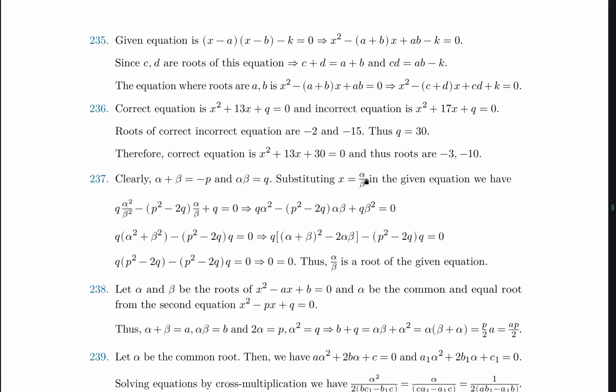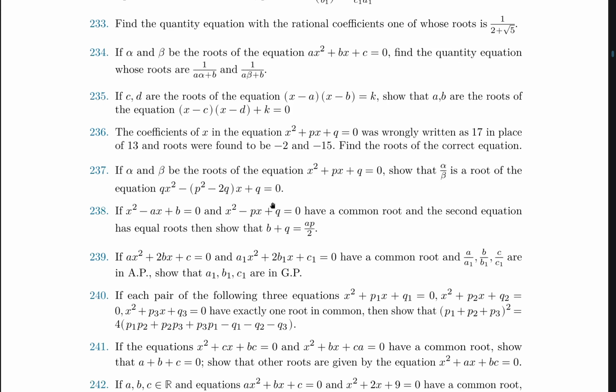Now, given that x = α/β, we plug this into the equation which we have to find, and we arrive at q·α² - (p² - 2q)·αβ + q·β² = 0. From this, what we get is q(α² + β²) is (p² - 2q) into q. And then we further solve this and we eventually prove that 0 = 0. And that's how α/β is a root of the given equation.